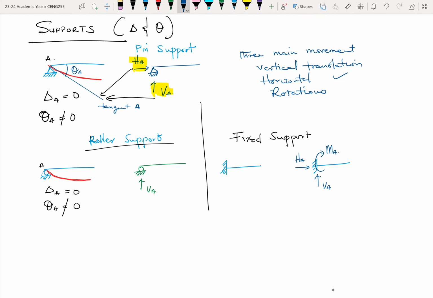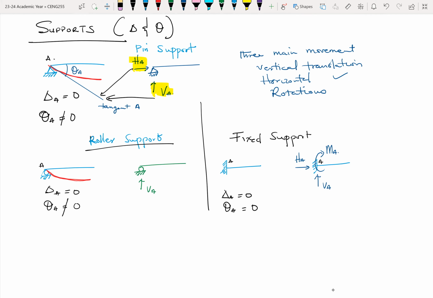If I'm looking at the displacement at A, because there's resistance VA and HA, the displacement at A will be 0. Now the rotation at A would also be 0 because there is a moment reaction.